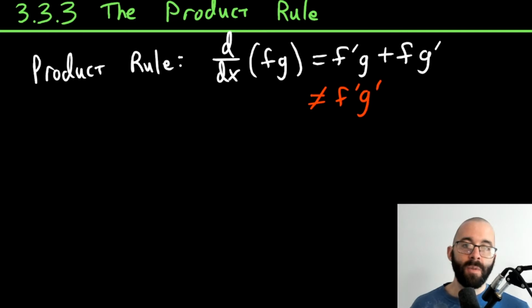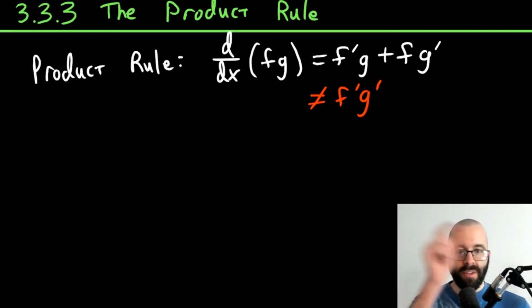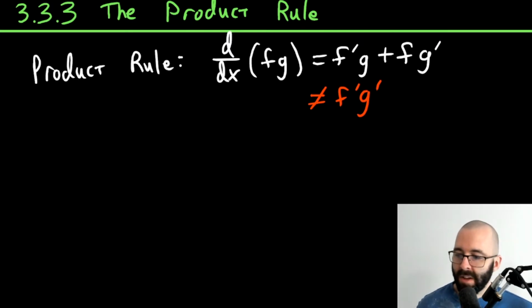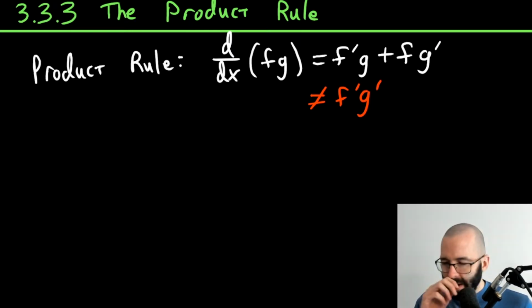So actually it's two parts, and each part gets one of the derivatives. Doesn't matter what order you write these in. All right, so that's the product rule, and we can show a little bit about where it comes from. The proof of this one is a little messier, but it's nothing super crazy, but we're not going to go through it.